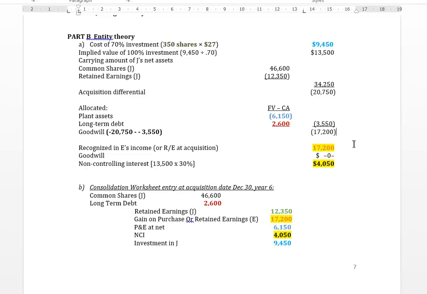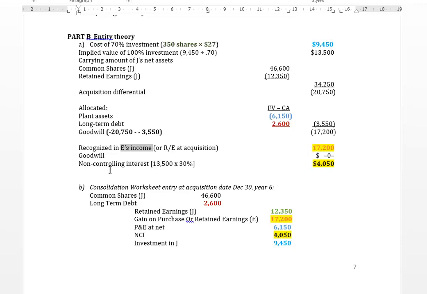The one thing that is different, however, is how much of that bargain purchase gets recognized into E's income. Under PCE, we would only recognize the parent's share, but under entity theory, we recognize the whole 100%. So that's why I've got this in yellow. That's one of the two numbers that's going to be different than under PCE.